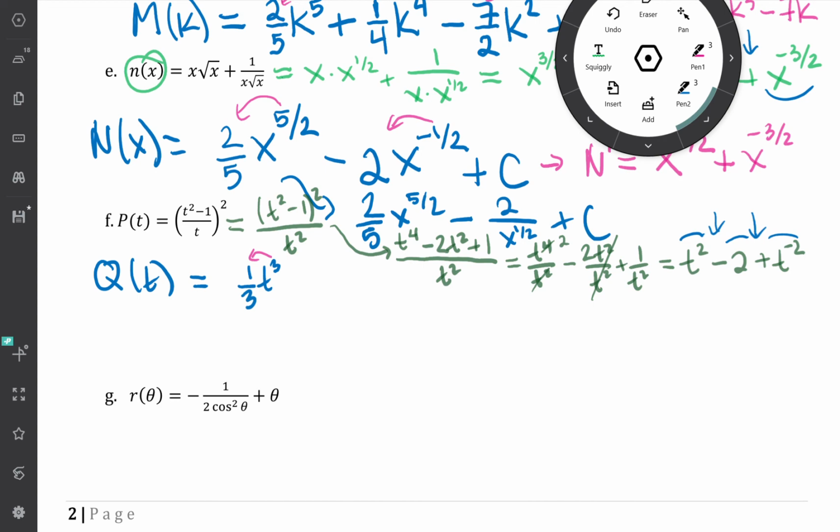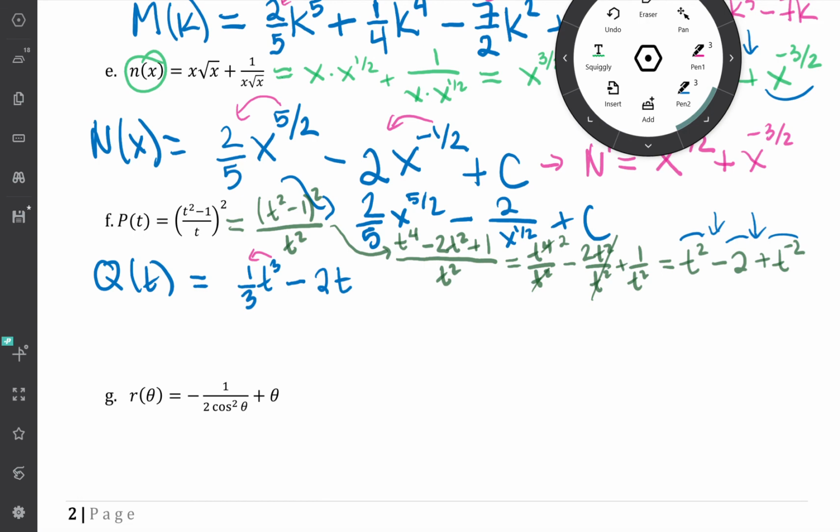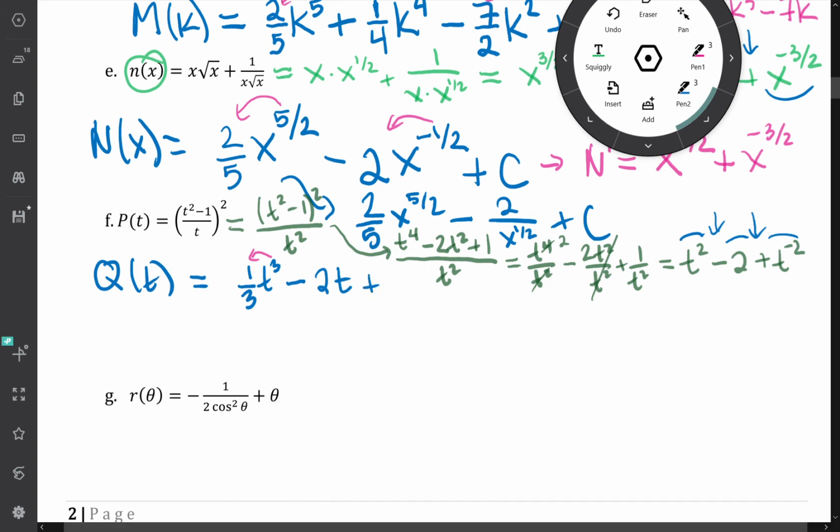Okay, the -2. If we're going to end up with the -2, we need to have started with a -2t. And then the t to the -2. Again, be really careful with these negative powers. We need to increase our power by 1. 1 more than -2 is -1.